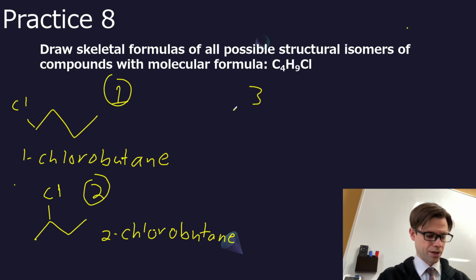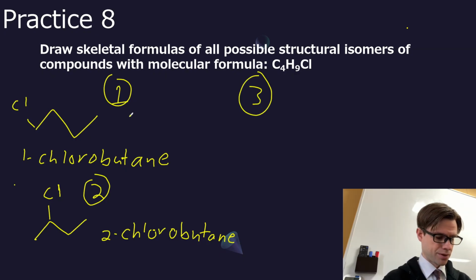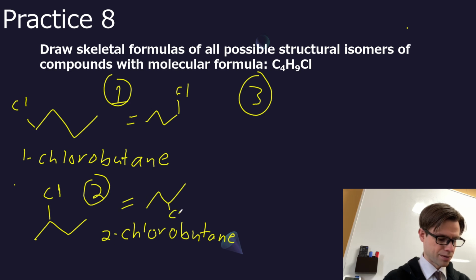Now, if we move the chlorine further to the right, we can still just make 2-chlorobutane. If you would rotate that around, it can make the same thing we have as number 2 here. Again, if we put it on the 4th carbon, it would be the same as putting it on the 1st carbon due to symmetry. You know, this is equal to putting the chlorine on the right side, and this is equal to putting it second from the right. So those are not different, but we need to start making maybe chain isomers.